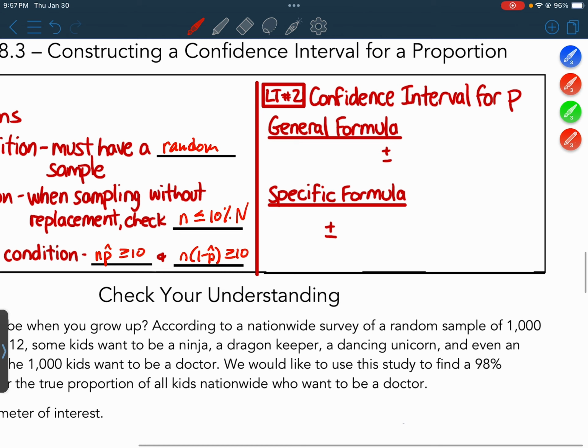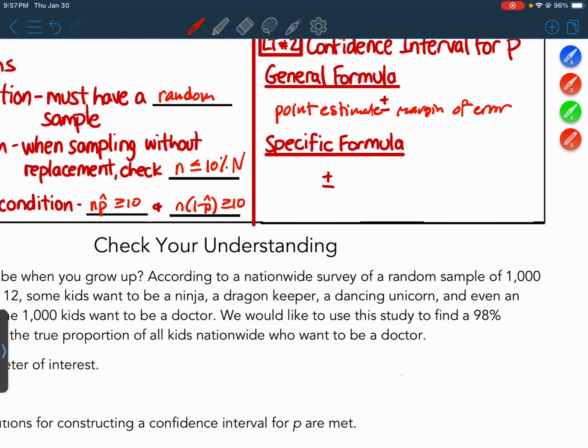Now let's talk about those formulas. The general formula is just written in words: point estimate plus or minus a margin of error. And then that specific formula uses p hat as the point estimate, and then it uses a special z-score as the critical value, and then it's the square root of p hat times 1 minus p hat over n, which we call the standard error.